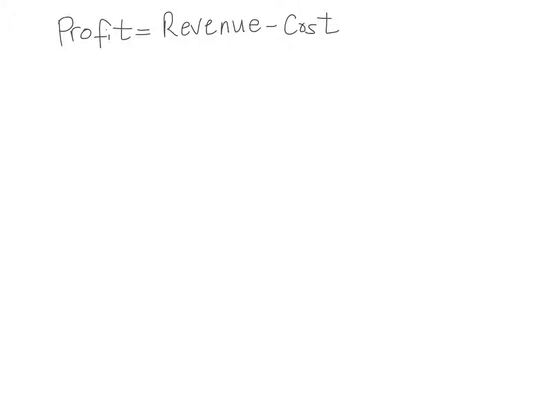I've just rewritten that last statement, profit equals revenue minus cost. So now we need to put in those functions. We have revenue, remember, was 12,000X minus, now this is important, we're putting the cost function in brackets to remember that this subtraction applies to each term in the bracket, meaning that we have to subtract each of the terms of the cost, both the variable and the fixed cost.